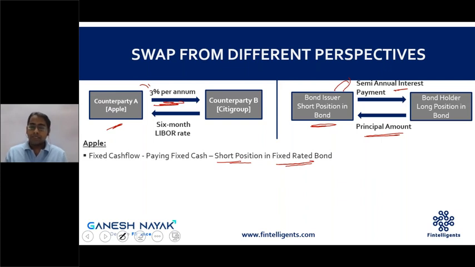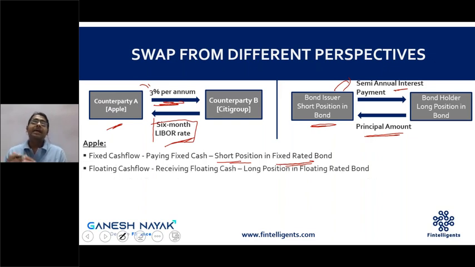Okay. Similarly, if we look at Apple from a different leg, that means the 6 monthly LIBOR rate leg, you will realize that Apple is receiving cash flow every 6 months from the Citigroup. Now, if you look at this position from Apple's perspective, this is a long position on a floating rate bond, because every 6 months Apple is going to receive a coupon of floating rate. That means it has purchased that floating rate bond, and every 6 months it's going to pay a fixed rate.